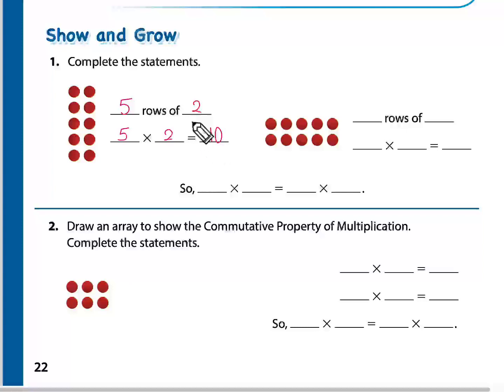Anas Usama. Okay, Anas. The second model here, how many rows? Okay, we have 2 rows and how many columns? So 2 rows of 5. Excellent. So can you help me to write this? I need to write here the factors that we are using.